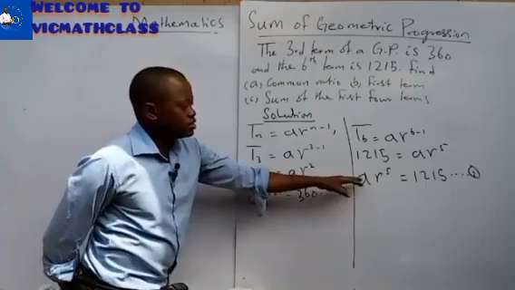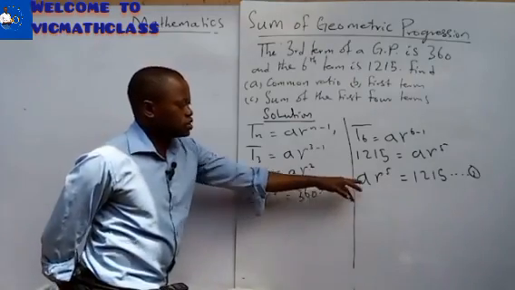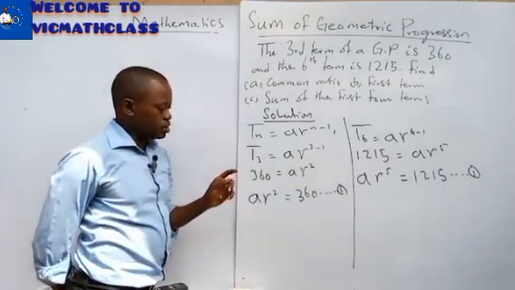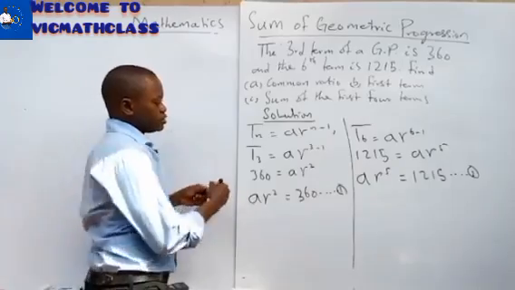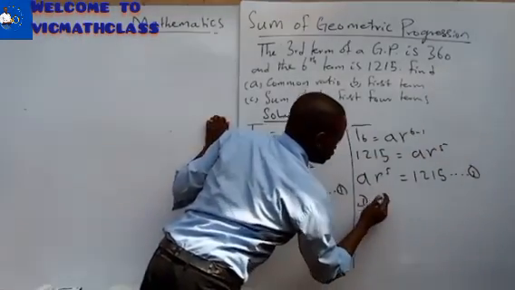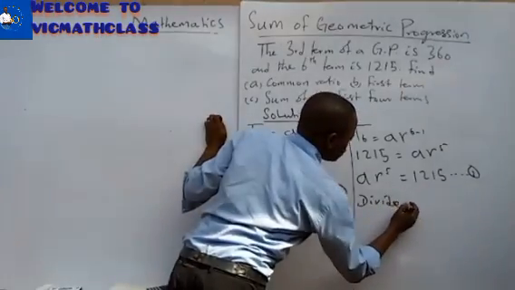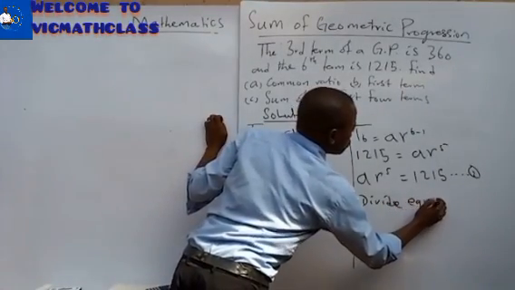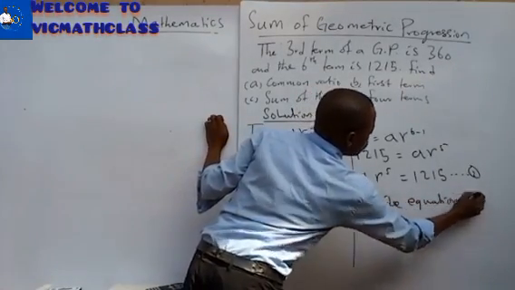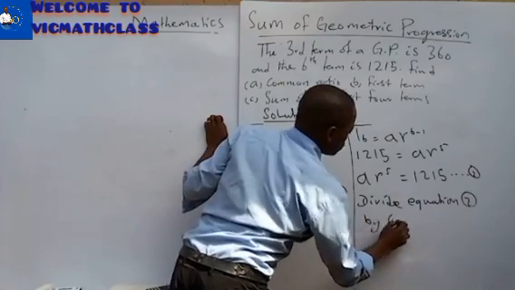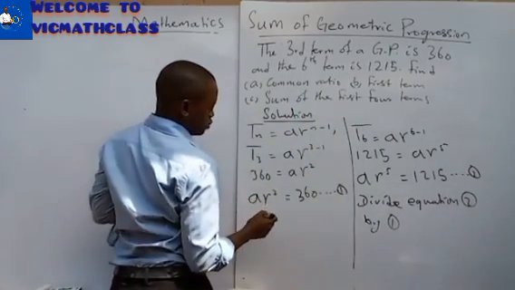The only way to bring this down is to reduce the power. That's the only access point. So I can say divide the higher power by the lower power. Divide equation 2 by 1.